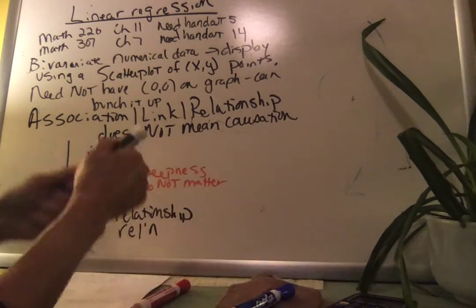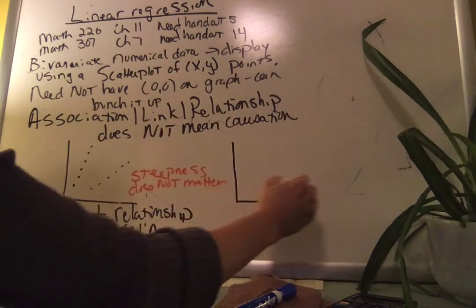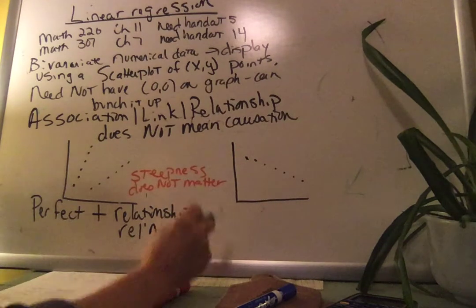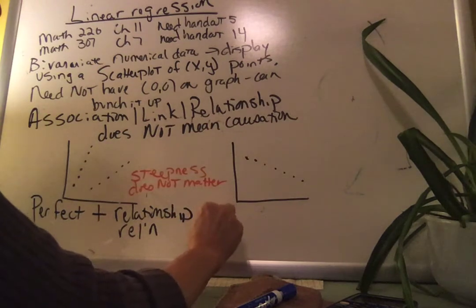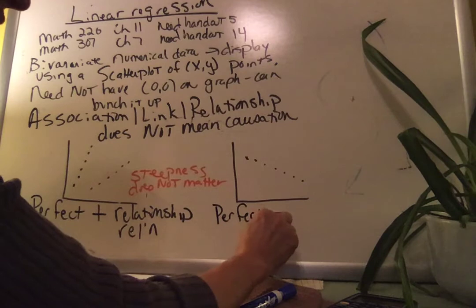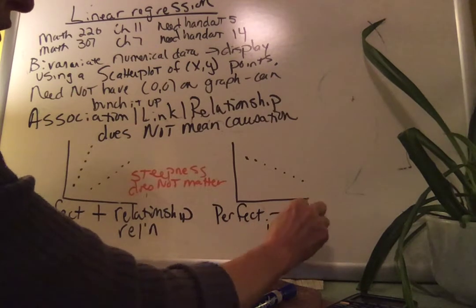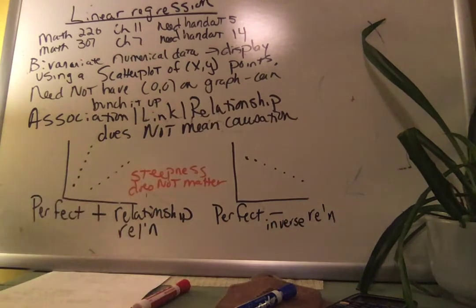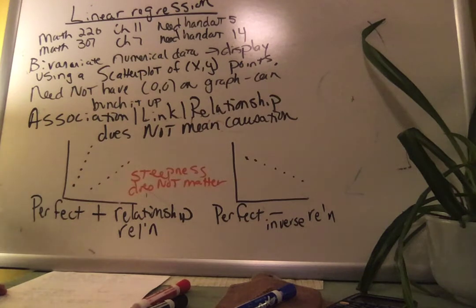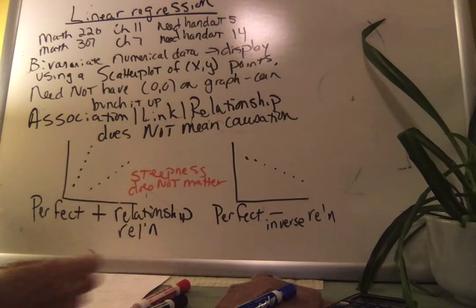Of course, we have the opposite. Again, I'm trying to make it perfect on a linear line. This would be a perfect negative or inverse, whichever word you prefer, relationship. Perfect negative. So again, when we talk about the strength of the relationship, we're talking about how well the data points are lined up on a linear line.